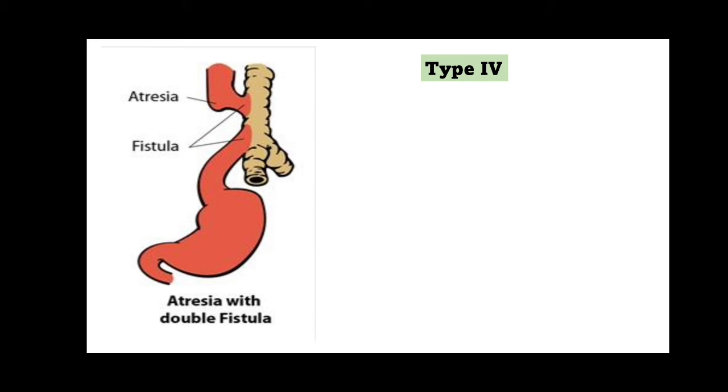In the type 4 category, it is a purely tracheoesophageal fistula. That means both the upper and lower ends of the esophagus are connected with the trachea. This occurs in less than 1% of the cases.